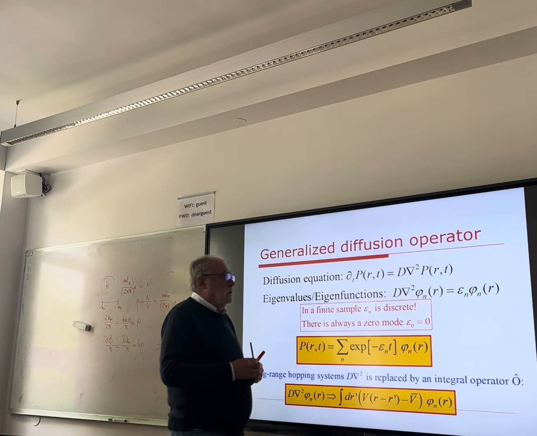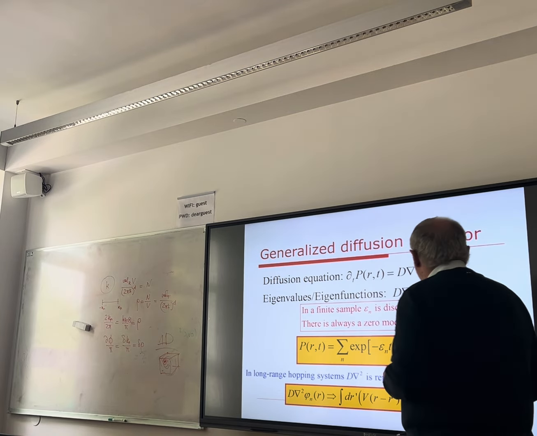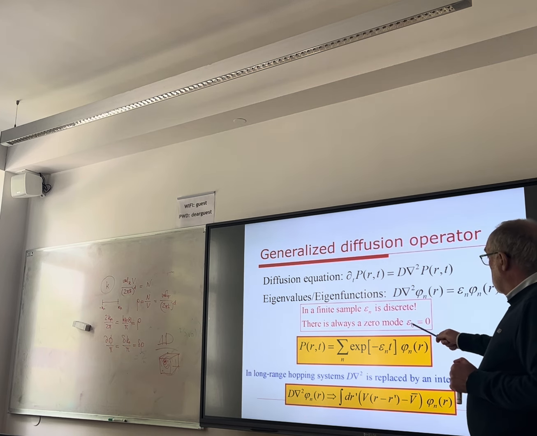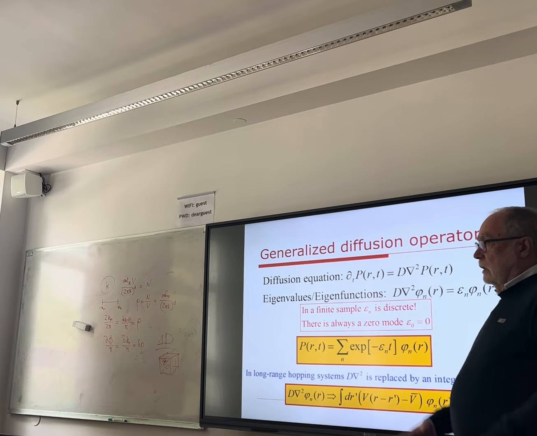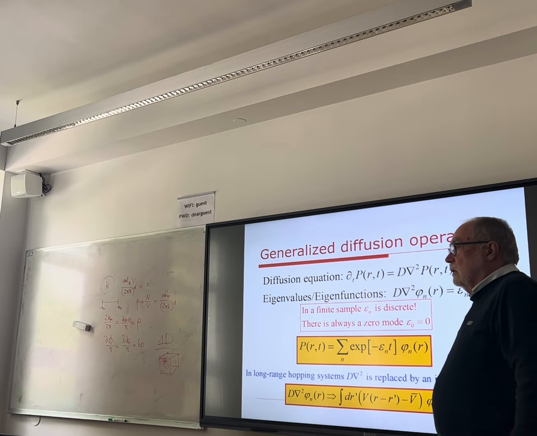And if it is a constant, then the corresponding eigenvalue will be zero. So we always have a zero mode. If you have the restricted volume, then you always have a zero mode.